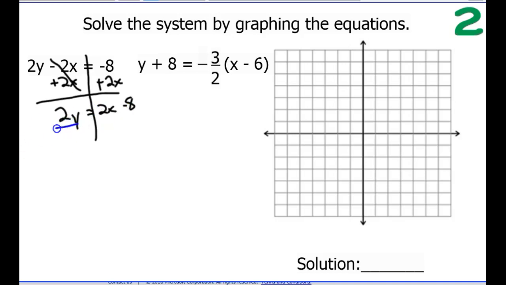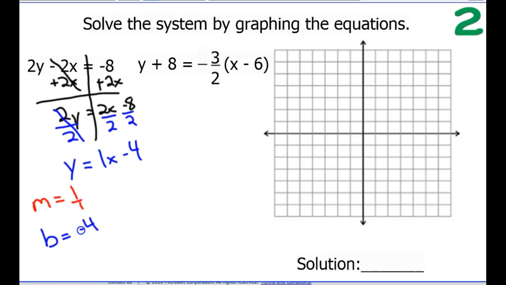Then to get y by itself, we divide everything by 2, and we get y equals 2 divided by 2 is 1x. Negative 8 divided by 2 is negative 4. So our m for this one is 1, or 1 over 1. Our b has to be negative 4.